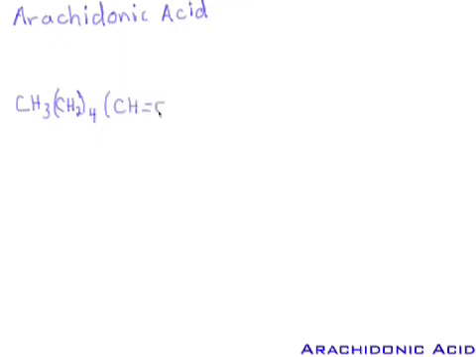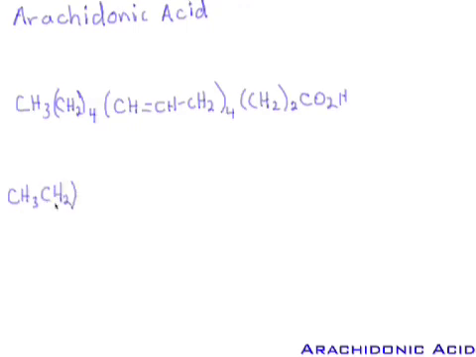So, as before, CH, CH2, but there are 4 of these, leaving only 2 CH2s on this, and a CO2H. Let's try drawing that out. Probably we'll run out of room, but we'll try. So, CH3, CH2, 4 times.